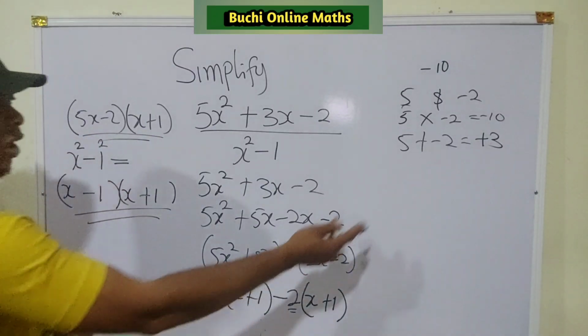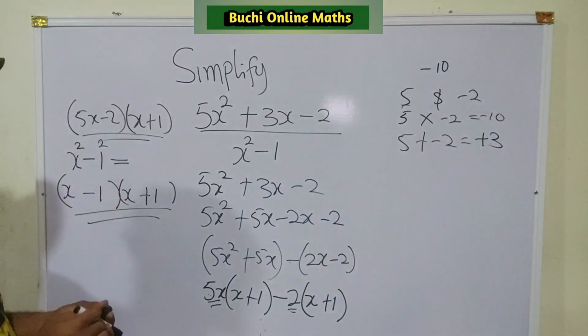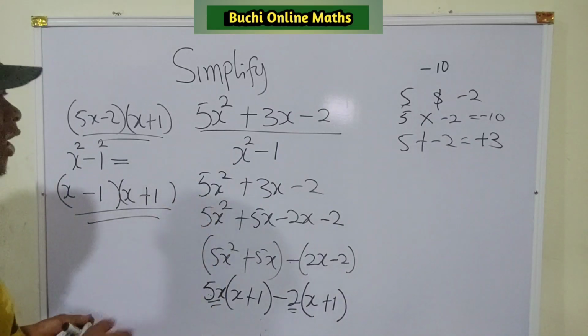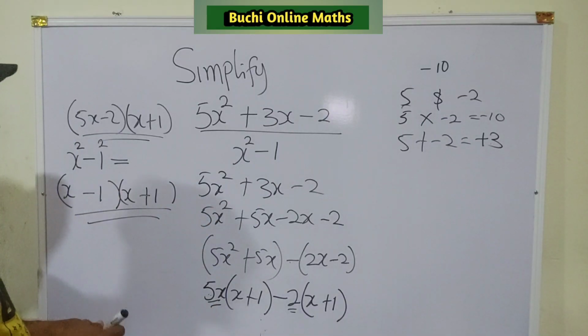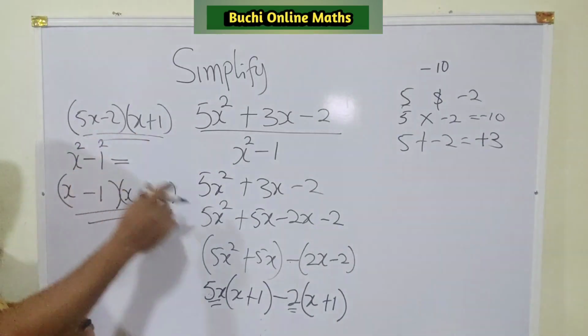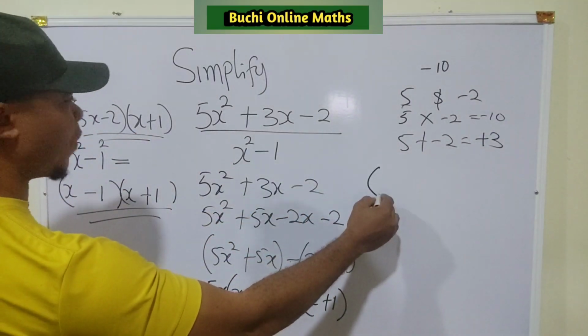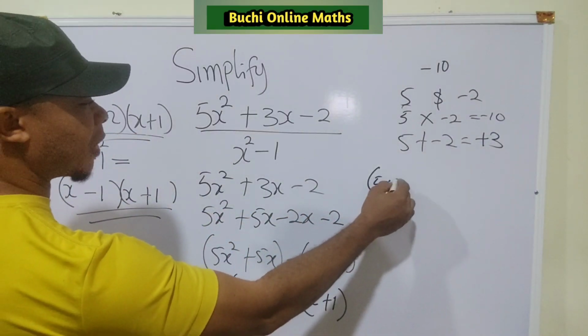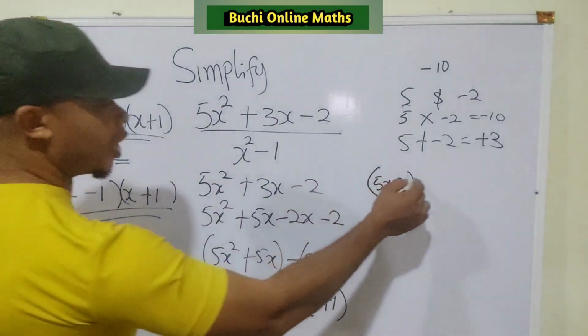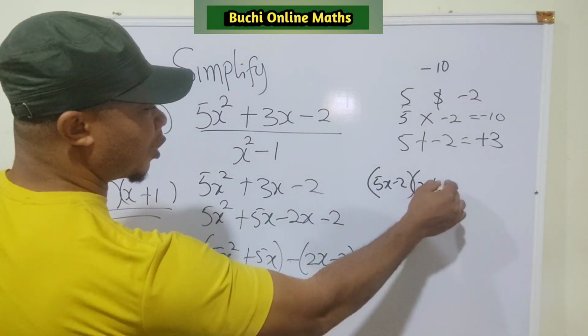Therefore, let us now go to the question. The question says 5x² + 3x − 2, and we put down the brackets here: 5x − 2 in one bracket, then in the other bracket x + 1.